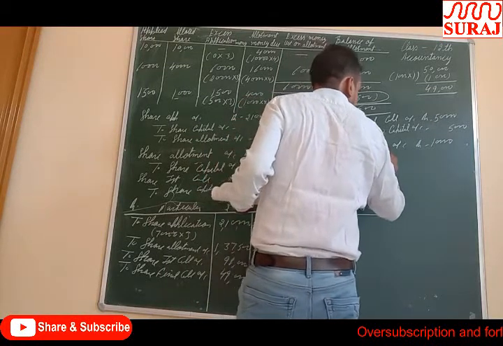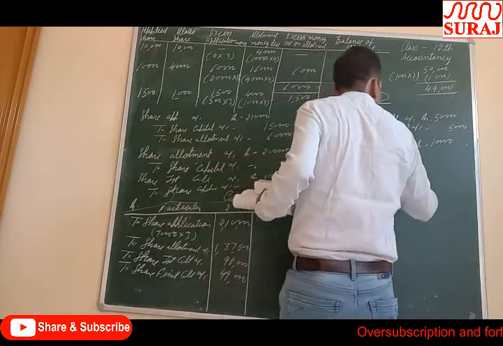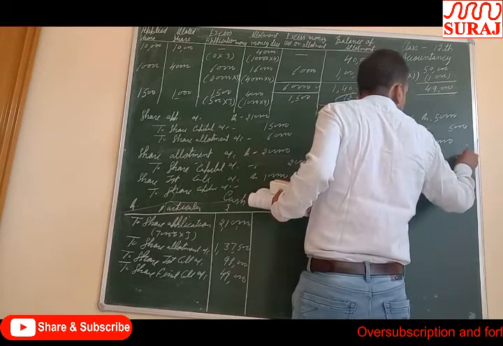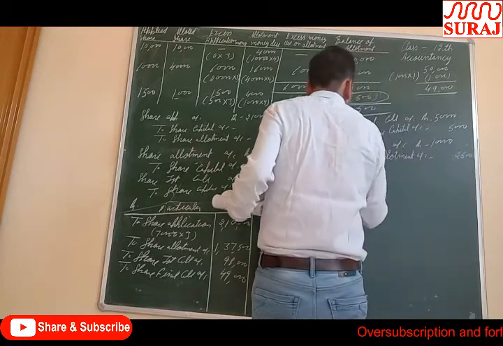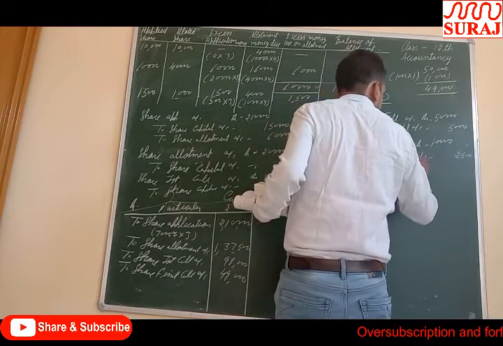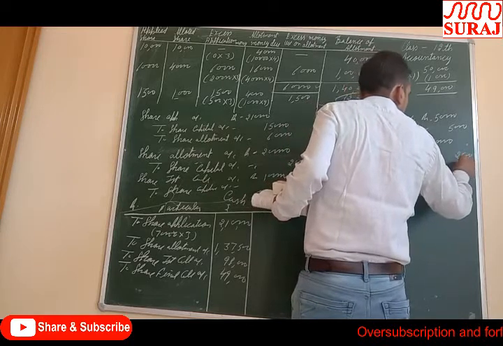To share allotment account, 2,500. To share first call account, 2,000.